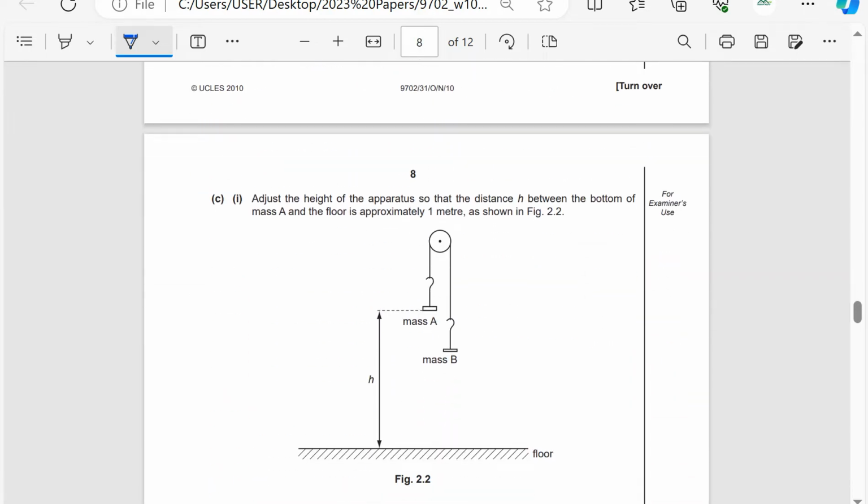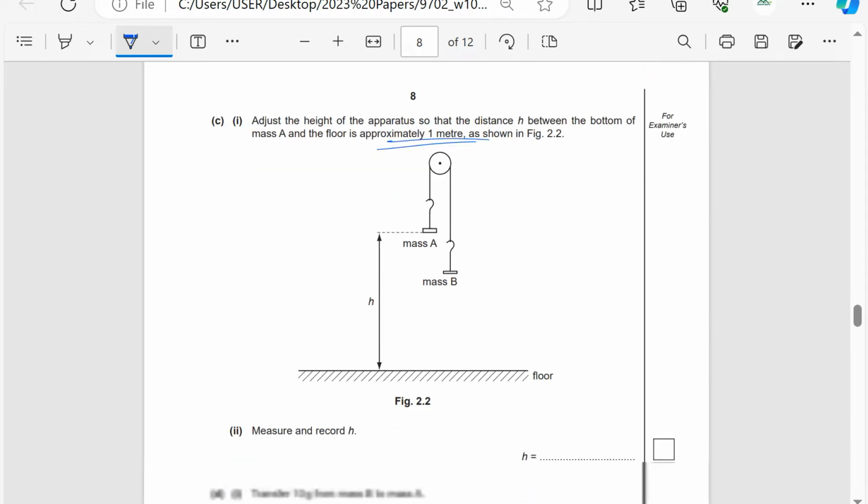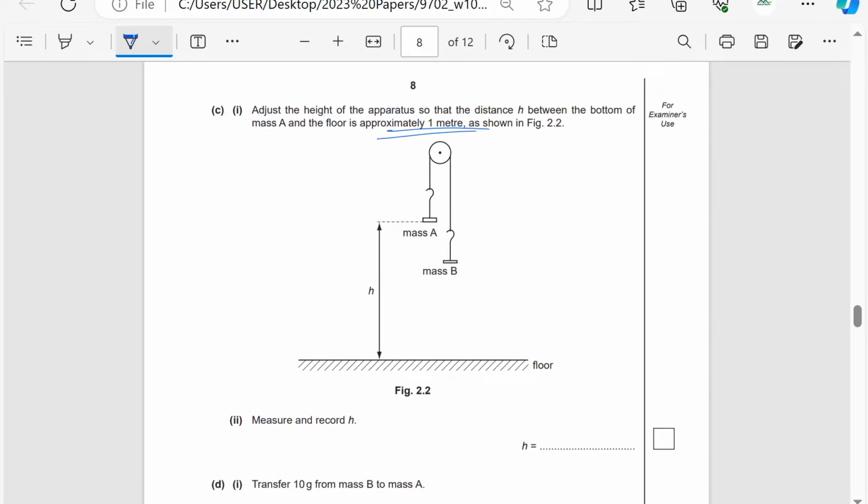Adjust the height of the apparatus so that the distance h between the bottom of mass A and the floor is approximately 1 meter. So don't encourage your students to record this value more than 1 meter. And since they are using a meter ruler, it is going to be in centimeters to 1 decimal place.